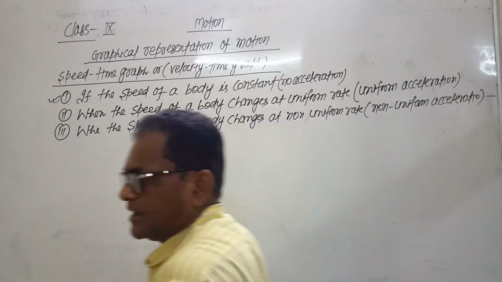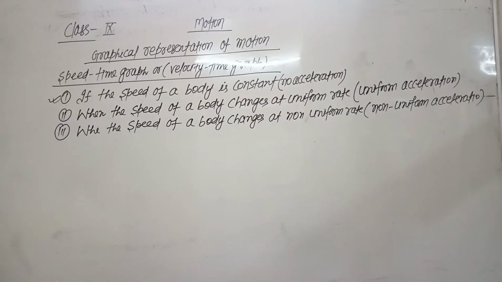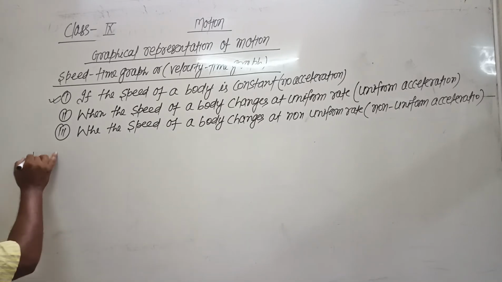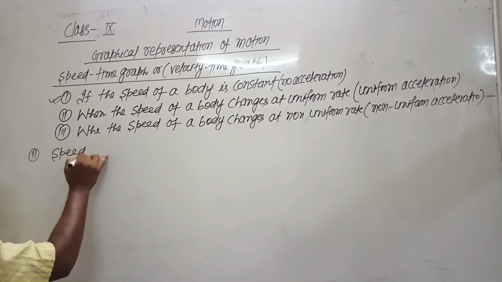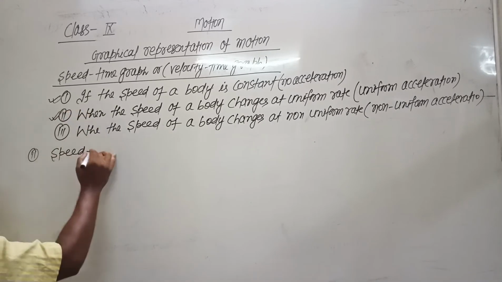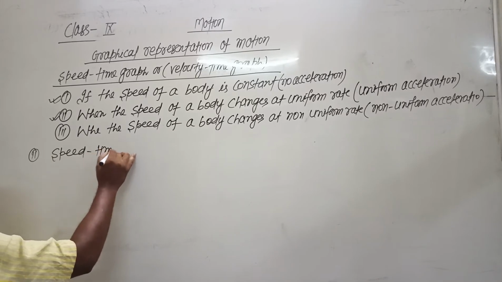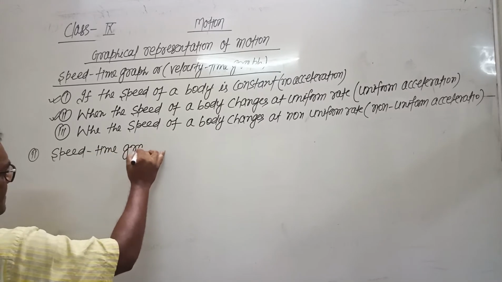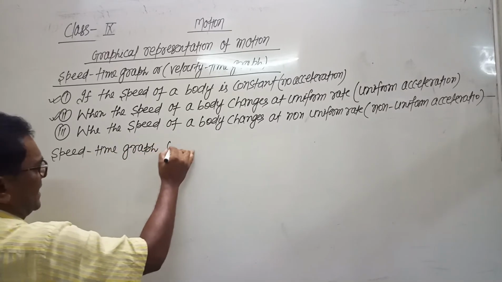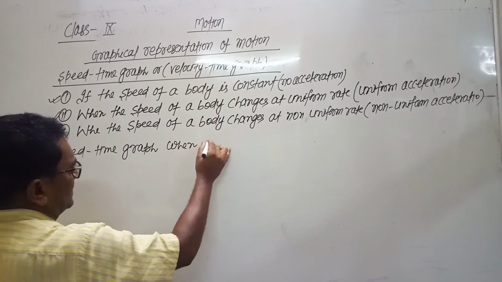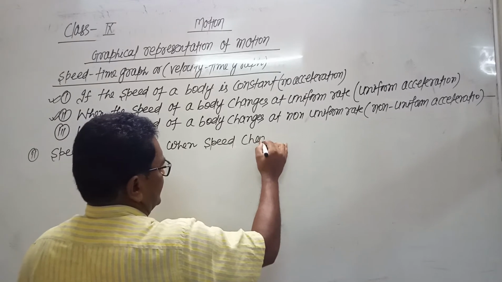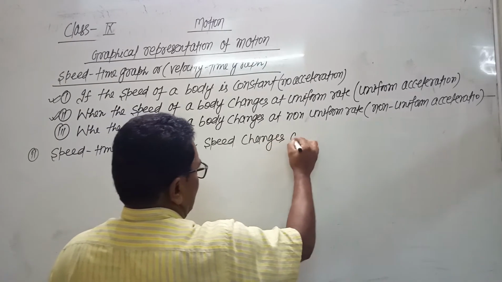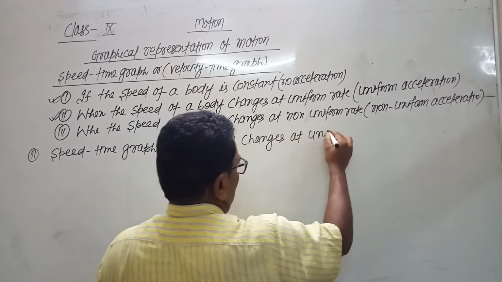Then what would be its graph? A speed time graph when the speed changes at a uniform rate. Second case, a speed time graph when a speed changes at uniform rate.